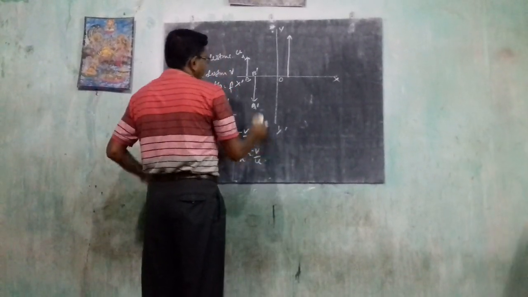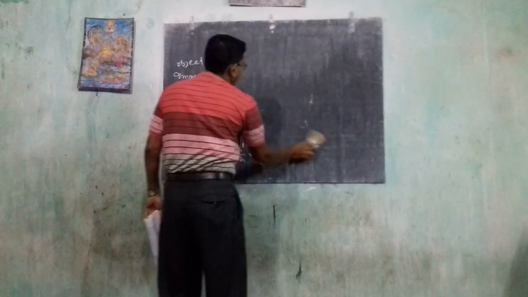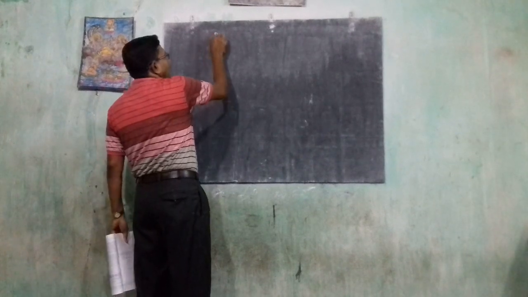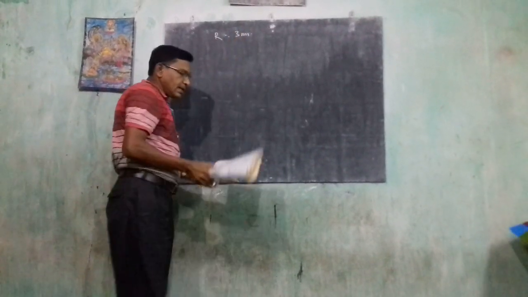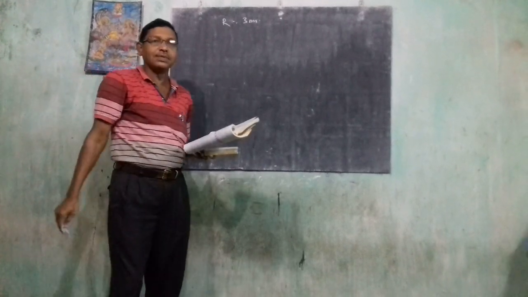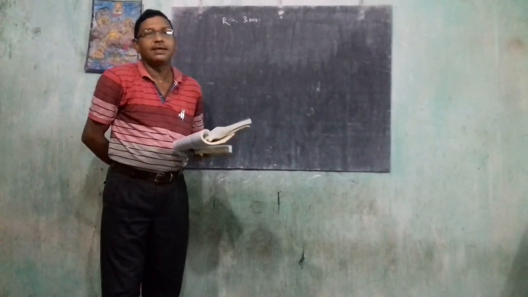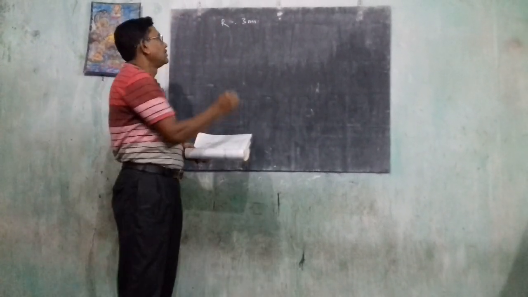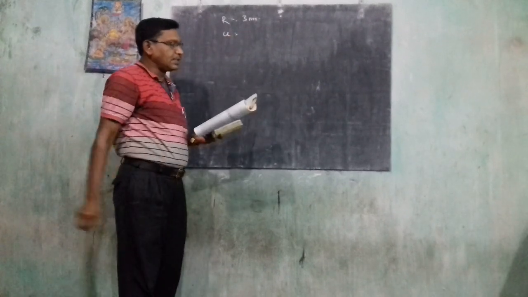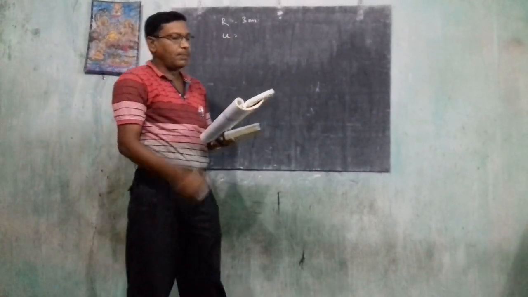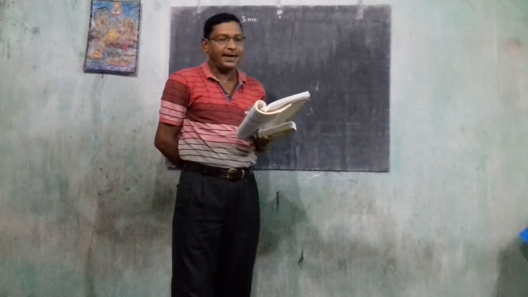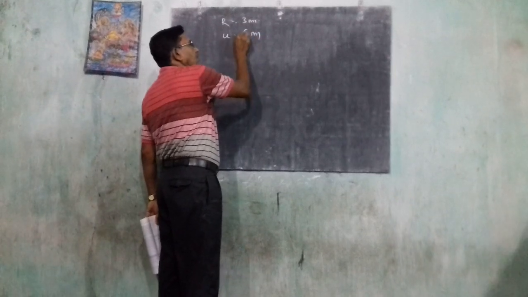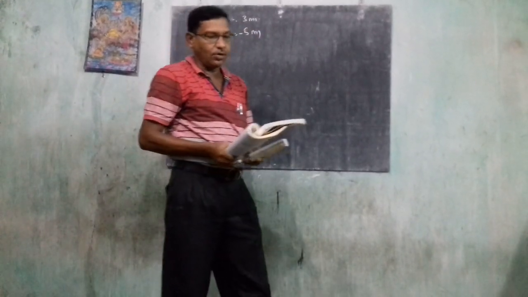Radius of curvature R equal to 3 meter for the convex mirror, so it must be positive. The object distance: a bus is located 5 meter from the mirror, and the object must be on the negative side, u equal to minus 5 meter.